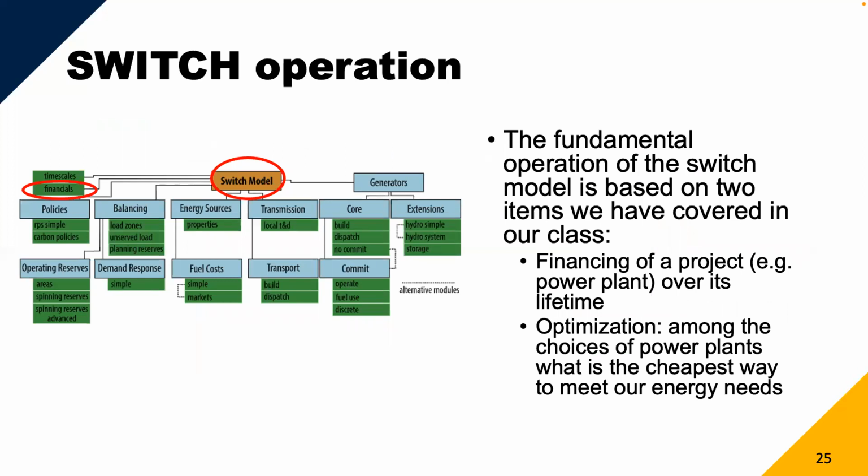So thinking about how the markets for electricity work, one of the fundamental operations of this model is to build on a couple operations we covered in class. So financing of a project over its lifetime. If you remember, we do these levelized costs.